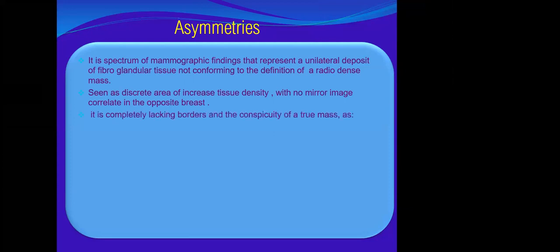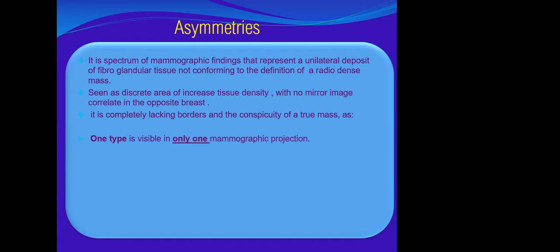On one side, as we said, with no mirror image on the opposite one, and completely lacking the borders and conspicuity of a true mass, as could be seen in one projection, which again is the criterion for the definition of a mass.